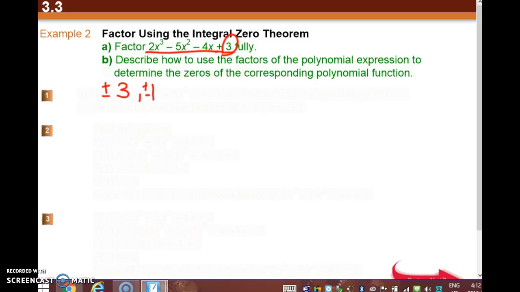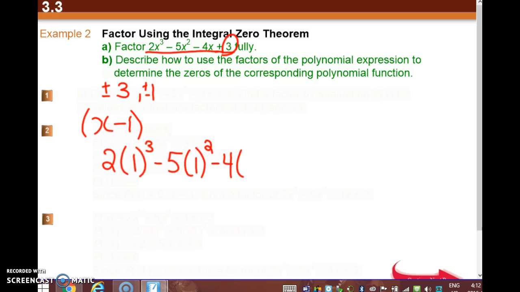So let's just say we tried x minus 1. So we're actually going to be subbing 1 into the equation. Say we're trying to see if this is a factor, just based on trial and error with these factors. So if I put 1 into the equation, I get 1 times 1 is 1 times 2 is 2. 1 times 1 is 1 times 5 is minus 5.